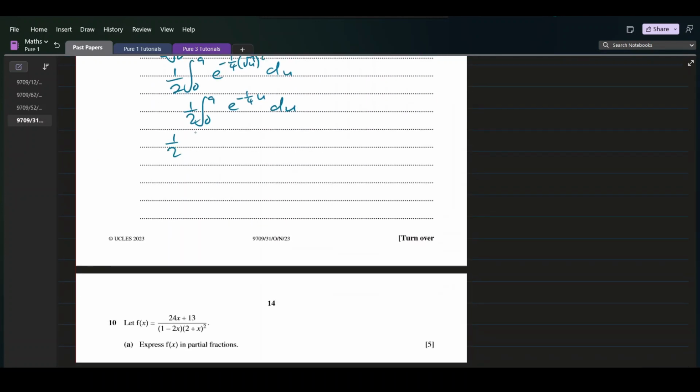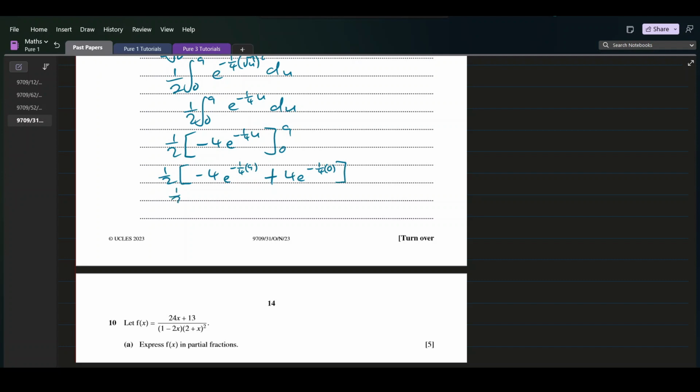So if we integrate, this becomes negative 4 e to the negative 1 over 4 u, and our limits are from 0 to 9, so that is half negative 4 e to the negative 1 over 4 times 9 minus, so this becomes plus 4e to the negative 1 over 4 times 0.